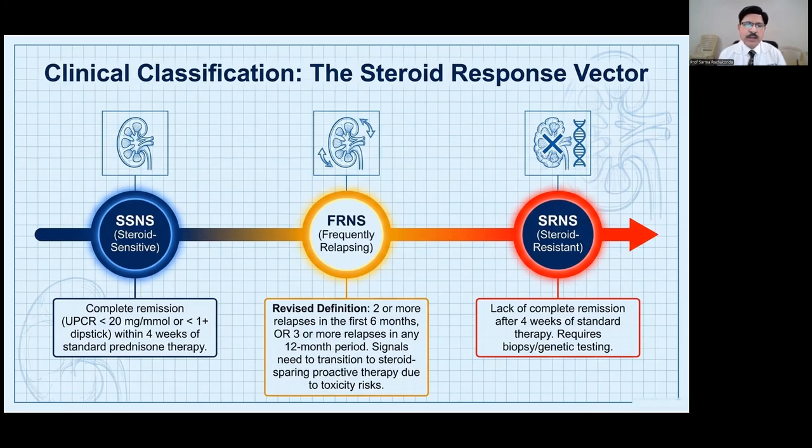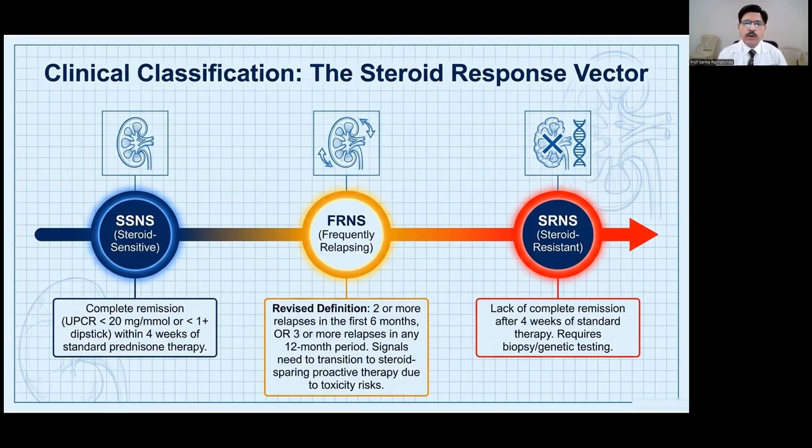Steroid sensitive means complete remission occurs: proteinuria comes down to less than 20 milligrams, and the urine dipstick, which was 3 plus or 4 plus protein, is now 1 plus or traces, within 4 weeks. That is the cutoff point. Remember, steroid responsiveness should occur, particularly in children, within 4 weeks. In adults, you can give a little longer time.